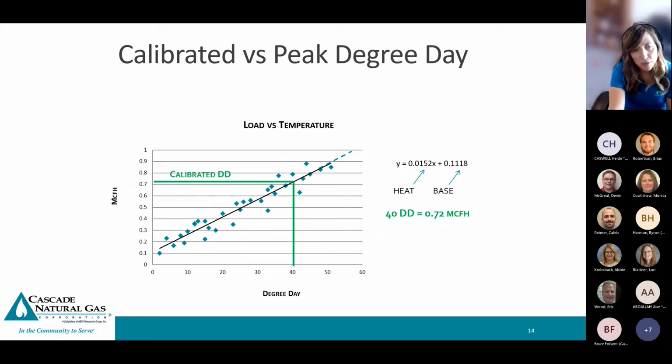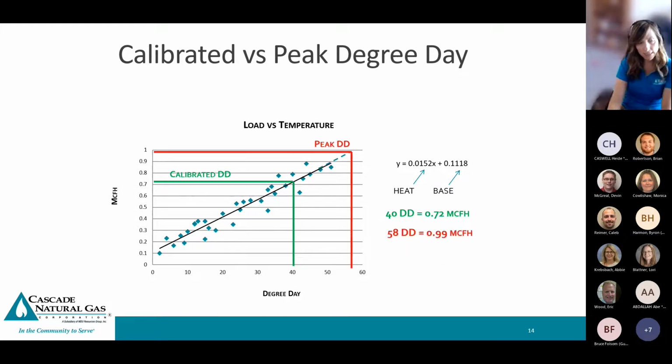Then for design day, we ramp up to a peak heating degree day. This linear relationship lets us predict, based on the historical weather trends, and dial in that degree day as our peak day, also known as our design day. So this is the ramp.